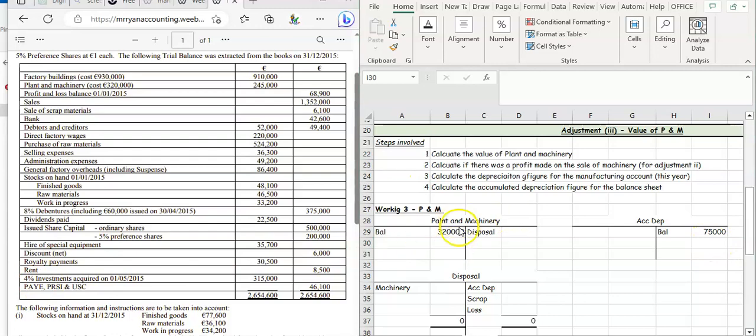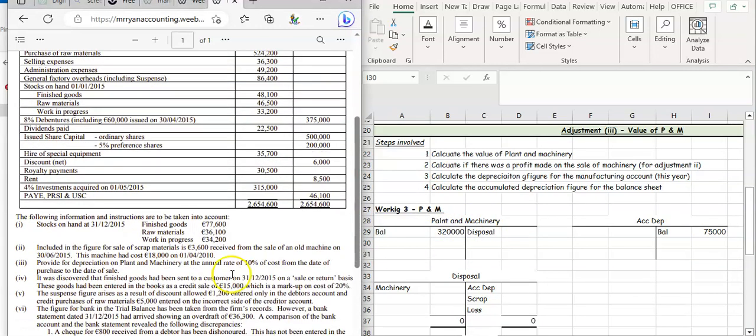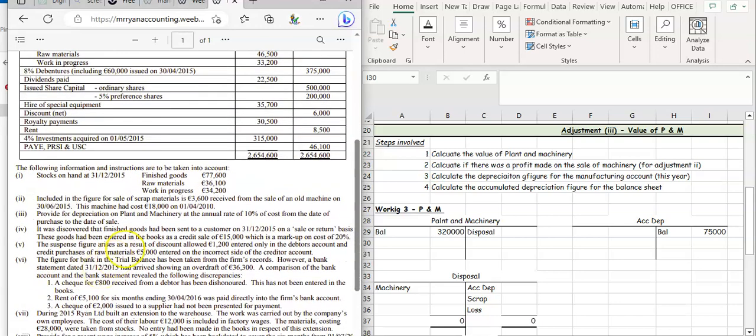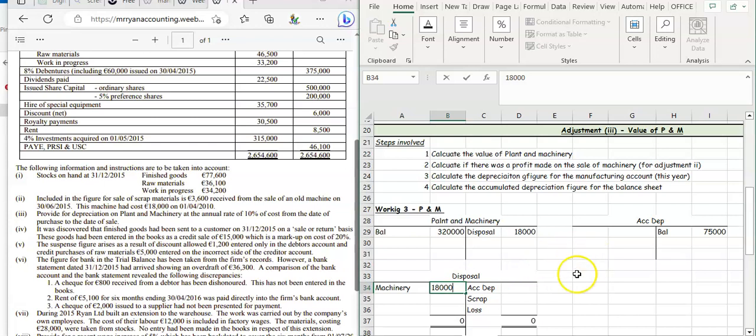Now we can start filling in these tables. We need to reduce our plant and machinery by 18,000 because we've sold it in the previous adjustment. This machinery cost 18,000, so we're going to credit our plant and machinery by 18,000 to reduce it, and then we're going to put it into the disposal account on the debit side to find out if we've made a profit or loss. Next, we can balance these off because we don't have any more information to go in there.